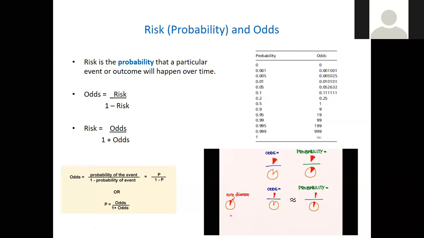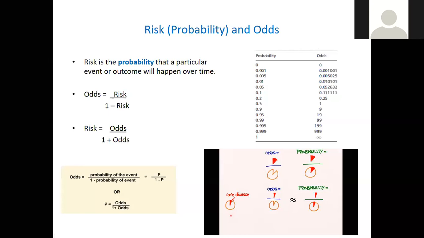If the probability is 0.5, the odds will be 0.5 divided by 1 minus 0.5. So that will be 0.5 divided by 0.5, which is 1. So when the probability moves halfway to 0.5, the odds has moved to 1.